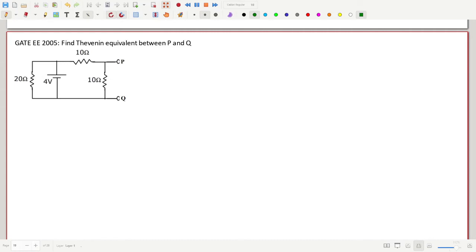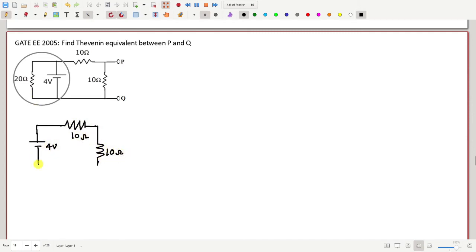Please repeat. 5 ohms and 5 ohm and 4. Yeah, right. If you consider only this part, this is just equivalent to the source alone, 4 volt alone. The 20 ohm is not significant in this question. And then we have 10, 10, and this is 4.